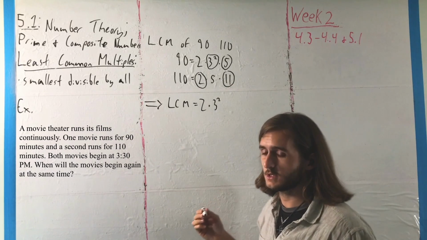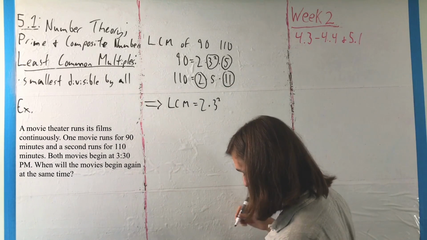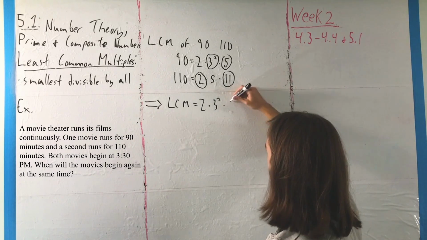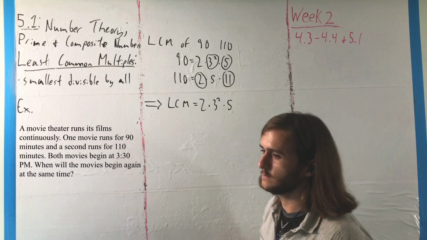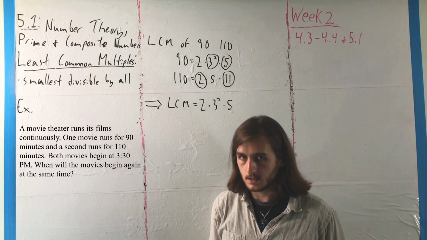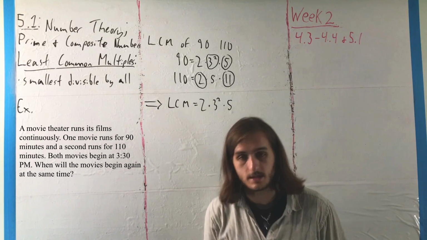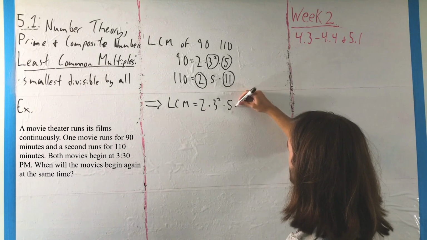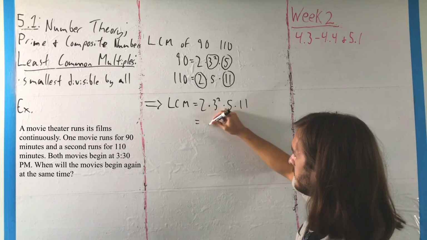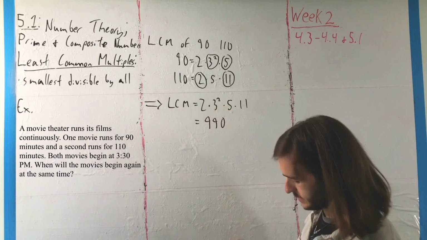Okay, that's not so bad so far. 2 times 9 is 18. Times 5, well, 18 times 5 is 90, so we're still not doing too bad, but then it's 90 times 11, so what we'd end up with is 990.